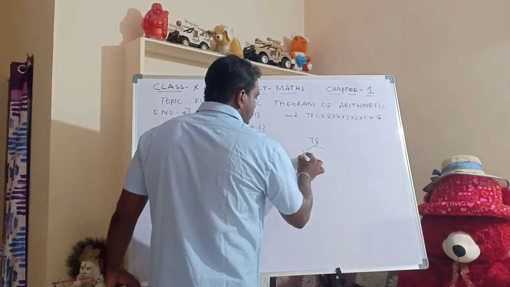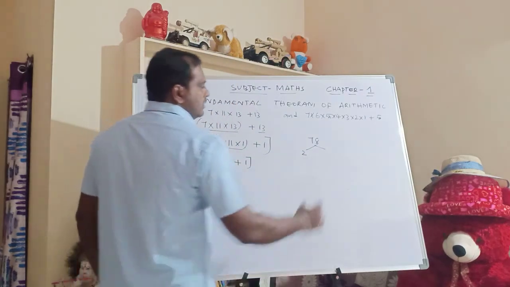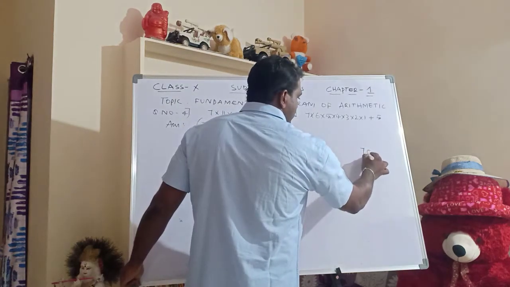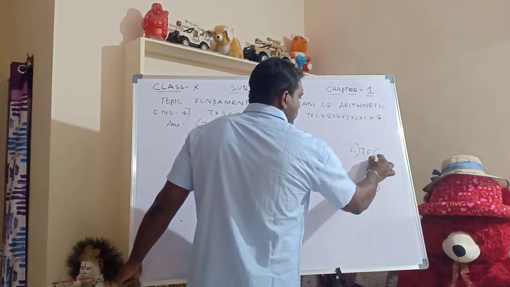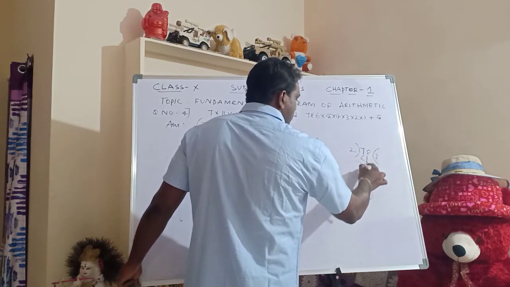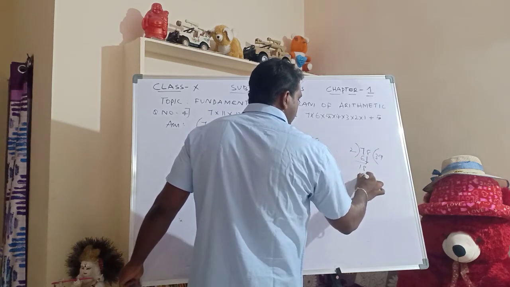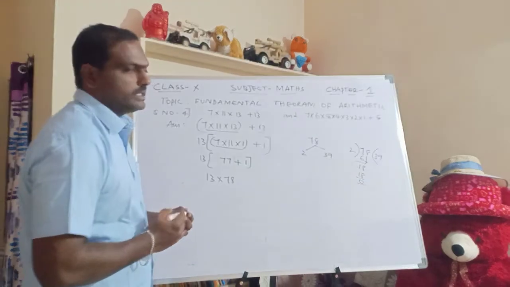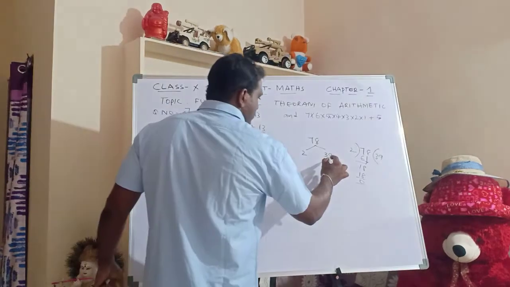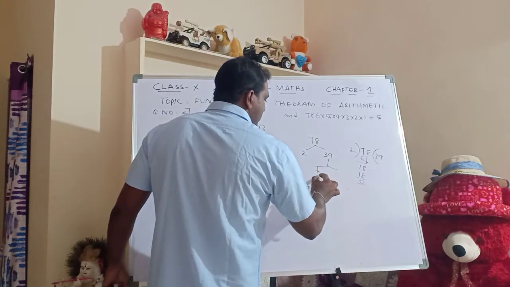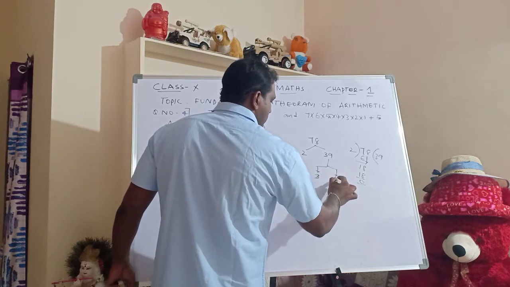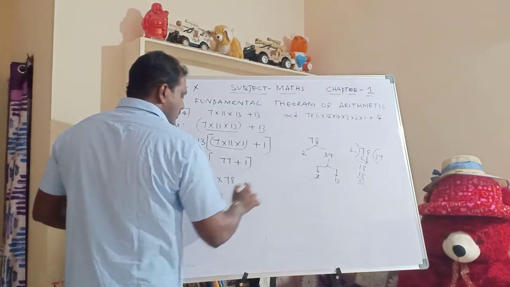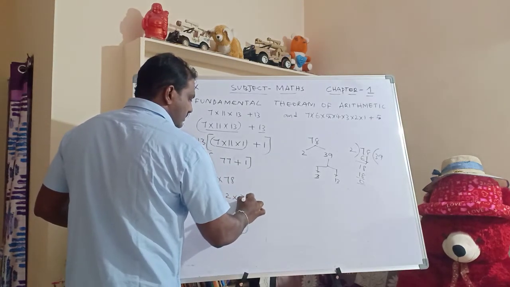First I am starting with the 2 table because it's an even number. 2 3s are 6, the remainder is 18, that means 8. 2 9s are 18. So how many times? 39. So 2 is a prime number. Now 39 can be written as 3 and 13. That means 13 into 2 into 3 into 13.